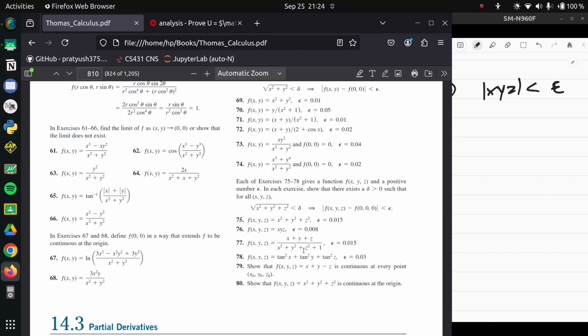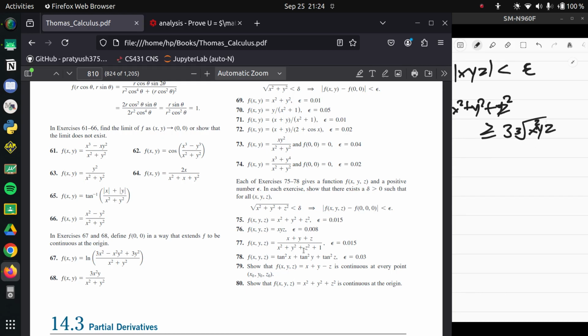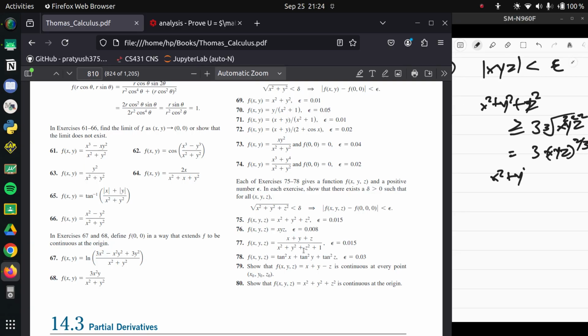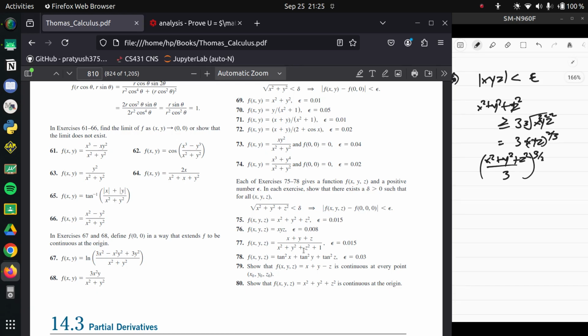I mean, okay, it's the usual stuff. We know that x square plus y square plus z square is bigger than or equal to 3 times the cube root of xyz, so x square plus y square plus z square is bigger than or equal to 3 times (xyz) to the power of 2/3. So if this is less than epsilon, then that implies that the magnitude of xyz could also be less than epsilon, because this is bigger than this quantity. But then yeah, you just have a reverse implication.